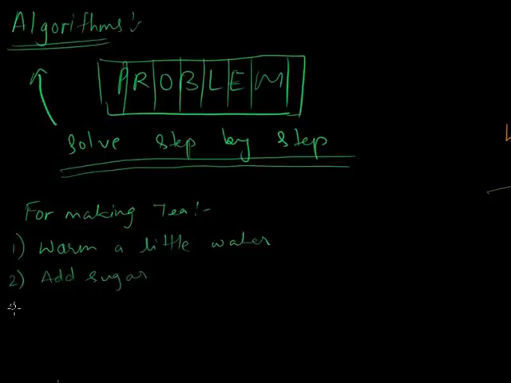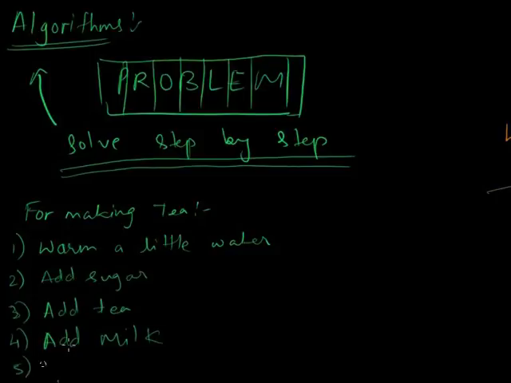The third step is after adding sugar you add tea leaves. And the fourth step is after the sugar and the tea dissolve, you add milk. And the final step is you filter and serve. Right. This is a simple algorithm for making tea.